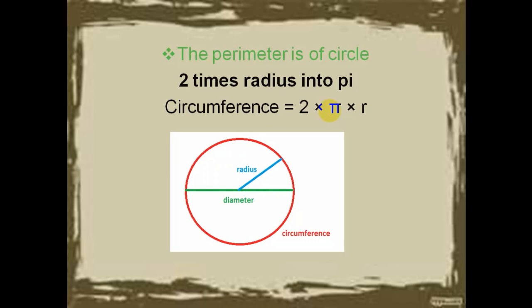Because 22/7 is a rational number, but the actual value of pi is not rational. So in the circumference, dear students, put the value of pi as 22/7, but note that pi itself is an irrational number and 22/7 is a rational number. So this is the perimeter of the circle.